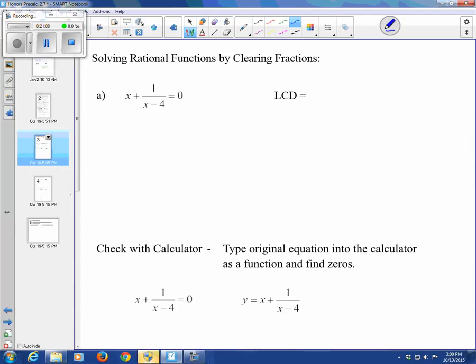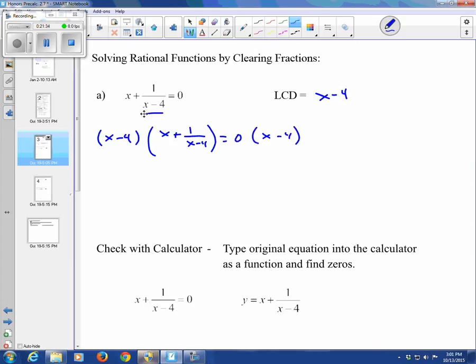So right here, we've got x plus 1 over x minus 4 equals 0. And the least common denominator is going to be the only denominator in this case, x minus 4. And when we multiply by that x minus 4 on both sides, we are going to see a quadratic come for us.